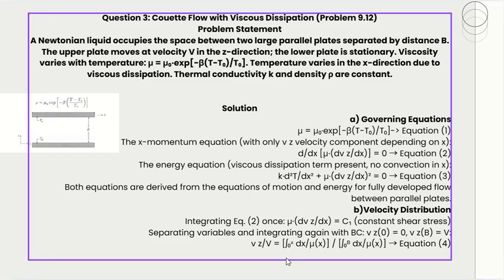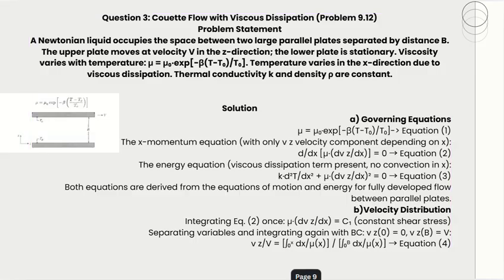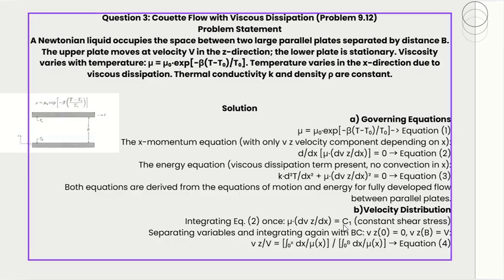The limits are 0 to x and 0 to b respectively. This is our equation 4. This integral form is the exact velocity profile for variable viscosity fluid flow.